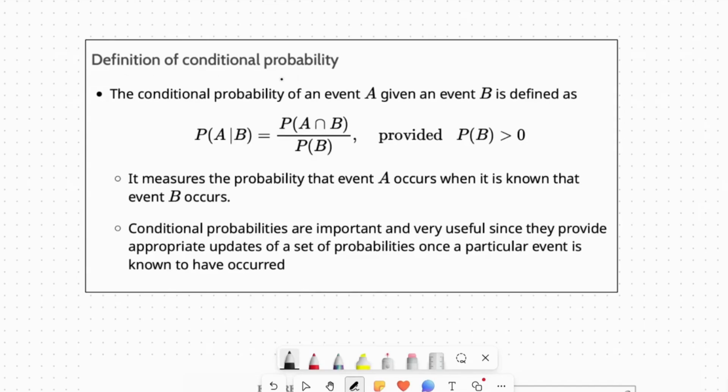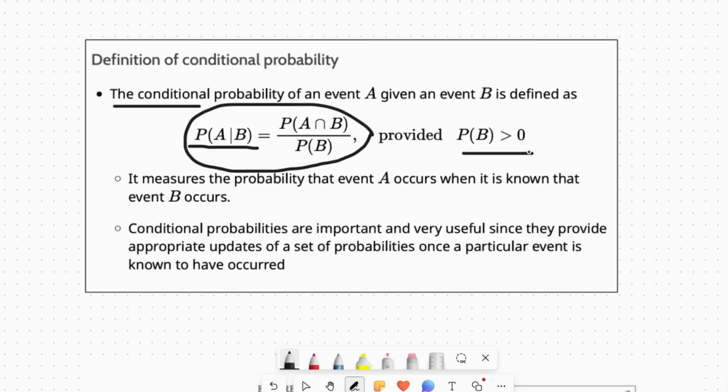Now let's go to our next topic, which is the definition of conditional probability. The conditional probability of an event A given an event B is defined as this, and this is the formula we must follow every time. It is one of the important formulas for this course, and the probability of B is obviously greater than 0.